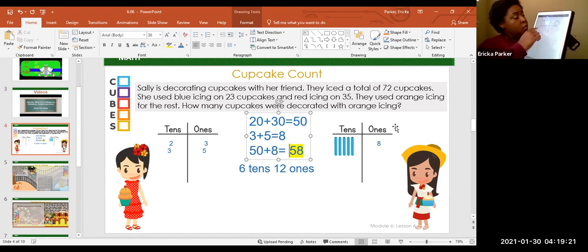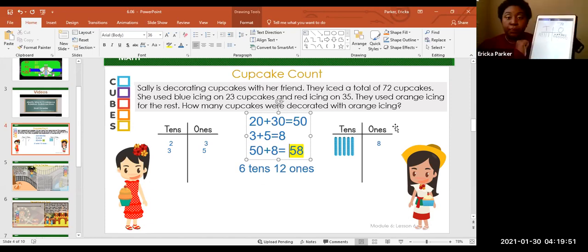Okay, so 1, 2, 3, 4, 5, 6. 1, 2, 3, 4, 5, 6, 7, 8, 9, 10, 11, 12. Okay, so this gave us our number 72. This should equal 72.